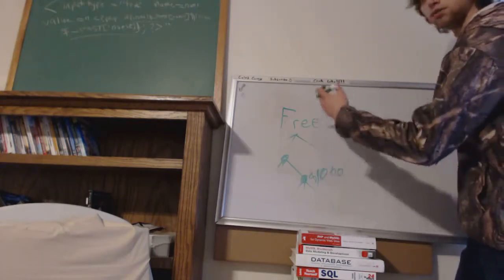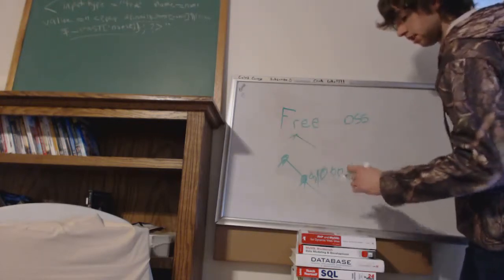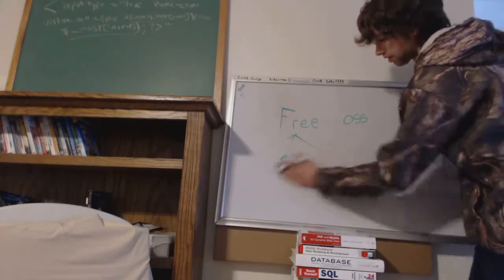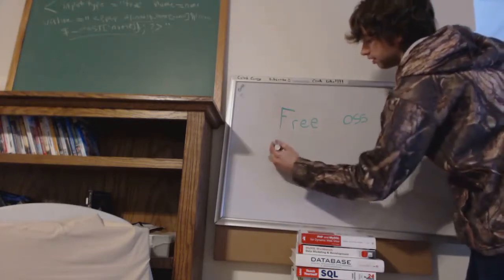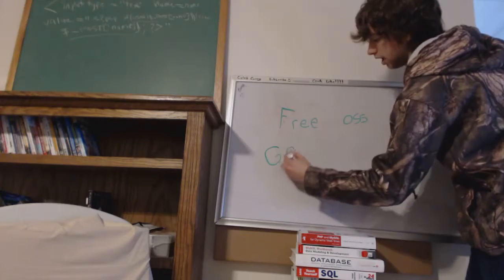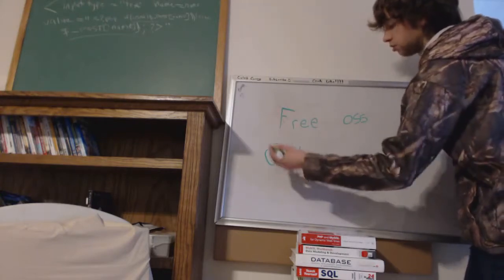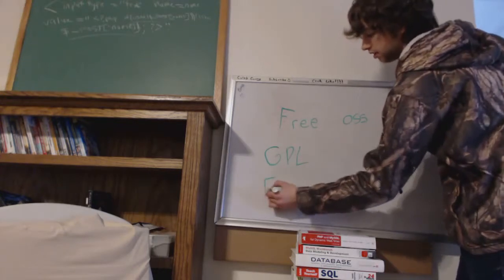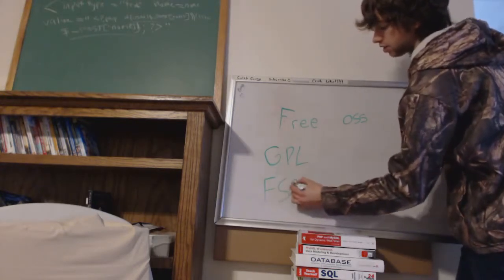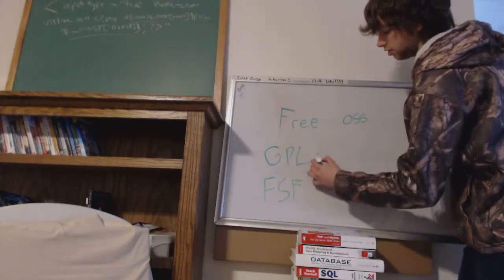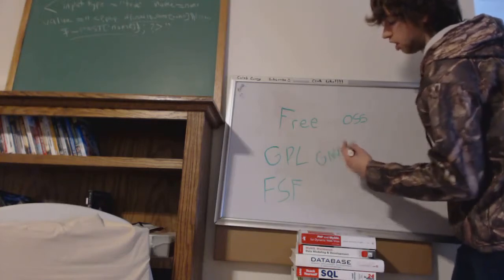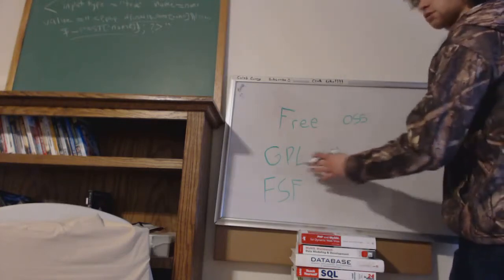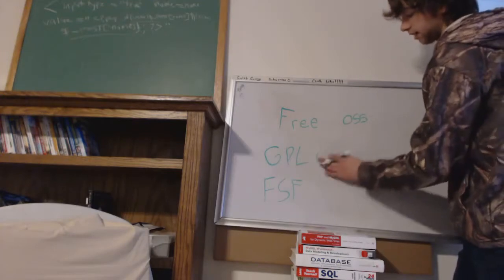So an example of a free software license is the GPL, which is the General Public License. This was created by the Free Software Foundation for the GNU operating system. Those are a lot of acronyms that you're probably just having to practice with.